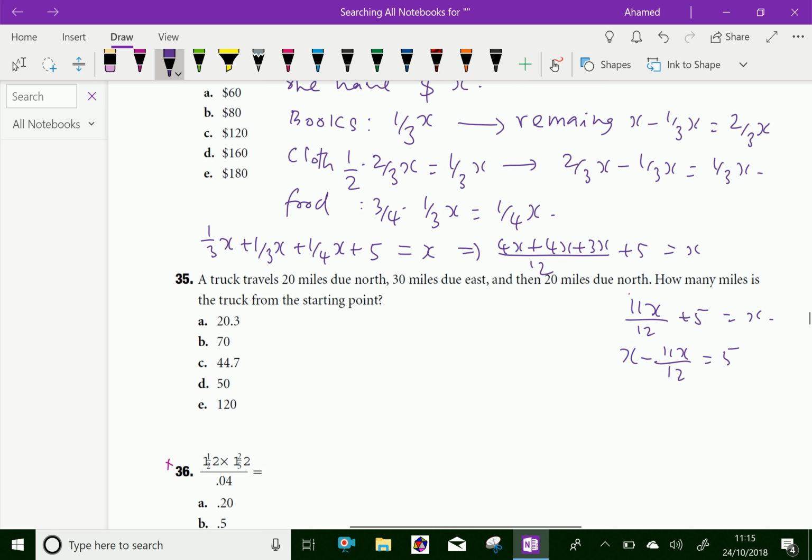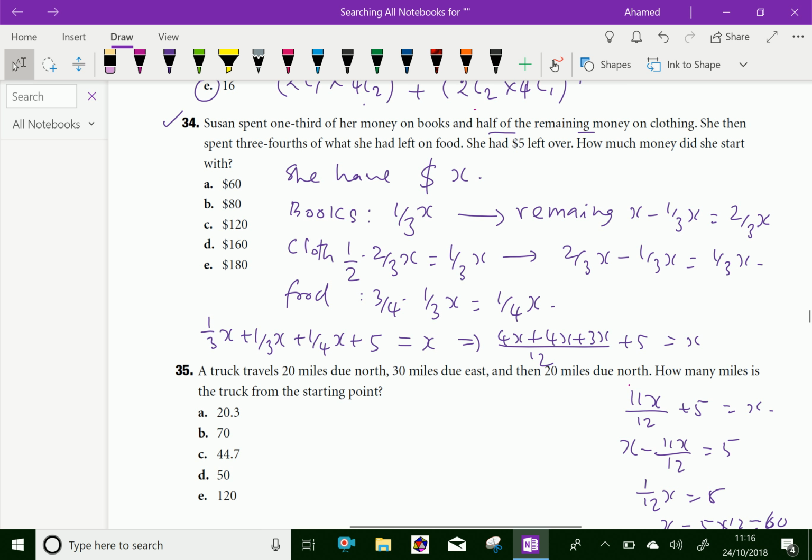Solving, 1/12 X equals 5. Therefore X equals 5 into 12, which is $60. Originally she had $60. It is option A.